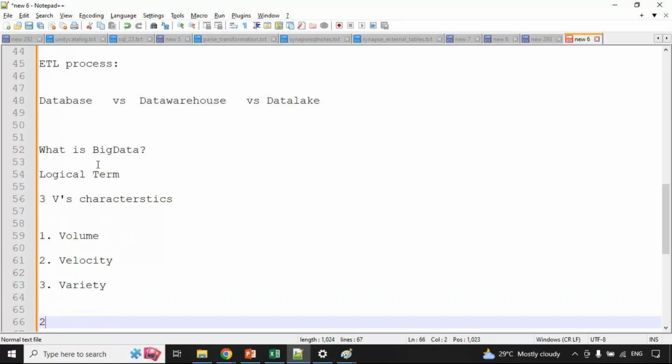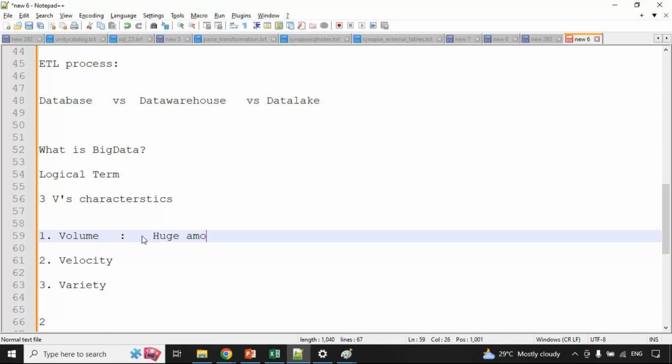So what is big data? It is a logical term, mainly having three characteristics. One is volume, which is a huge amount of data.